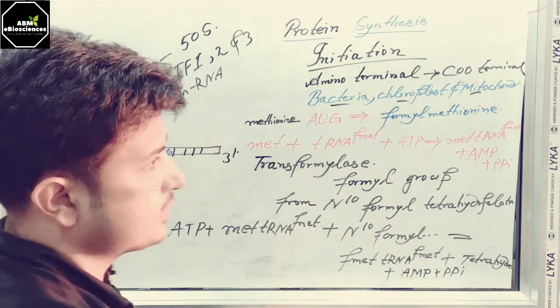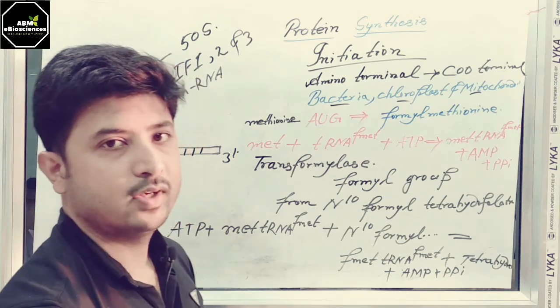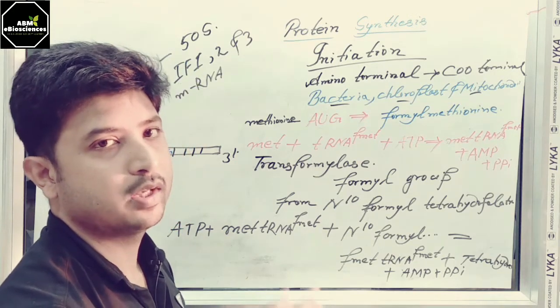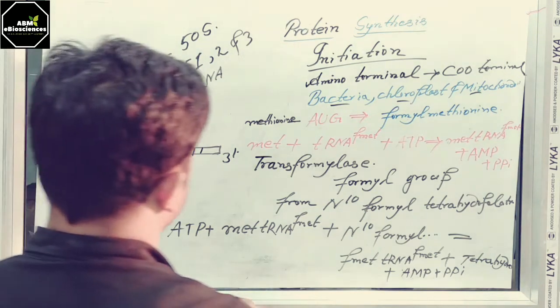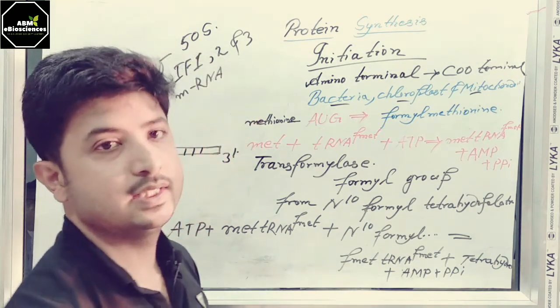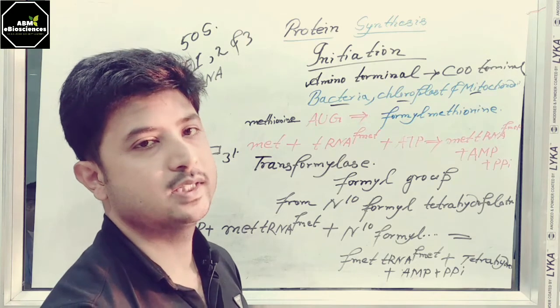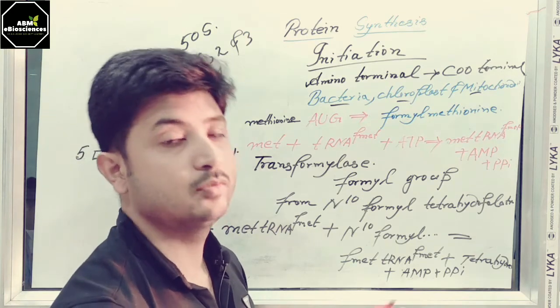Now the 30S subunit is actually the first unit to bind to the mRNA. It requires a particular signal sequence or specific consensus sequence where it should bind.